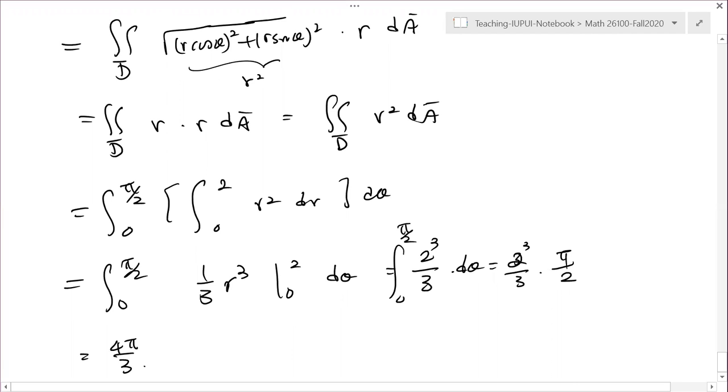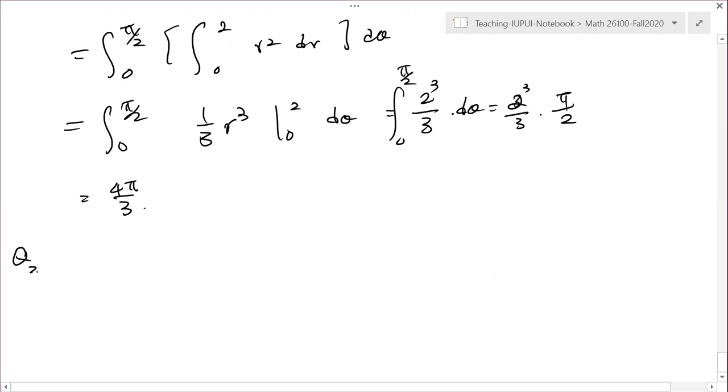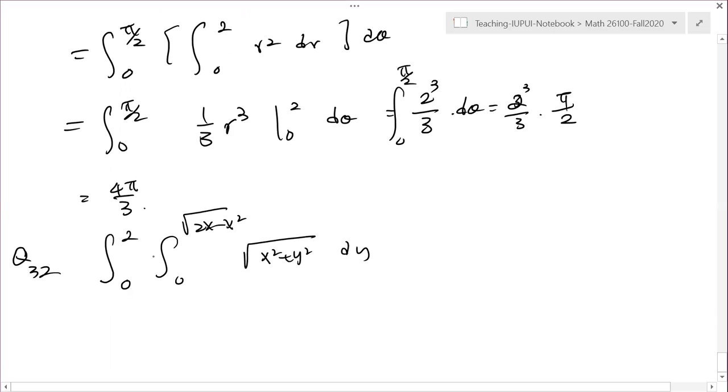Okay, now I'm going to do a slightly different problem. That's problem number 32. Okay, evaluate this iterative integral.